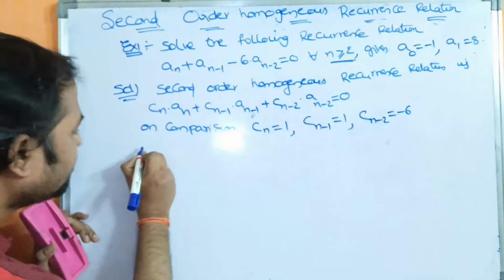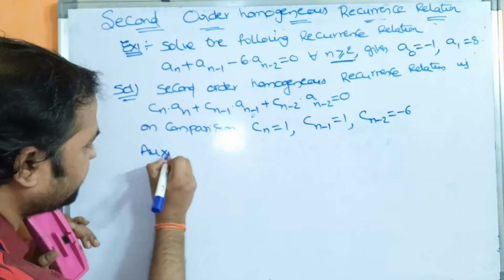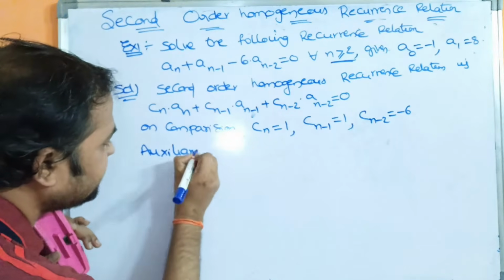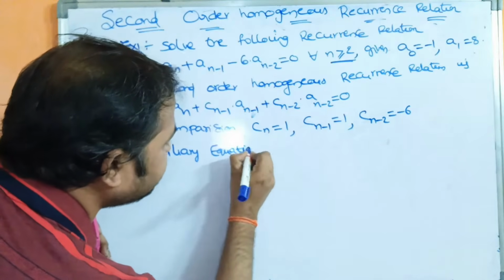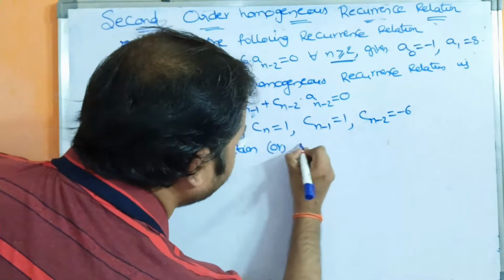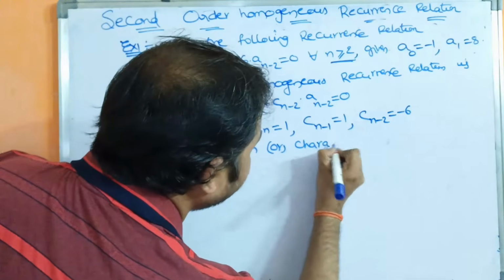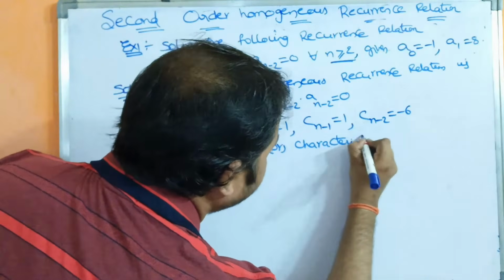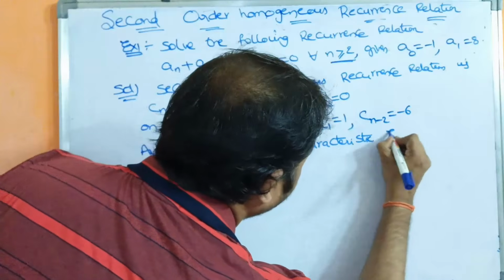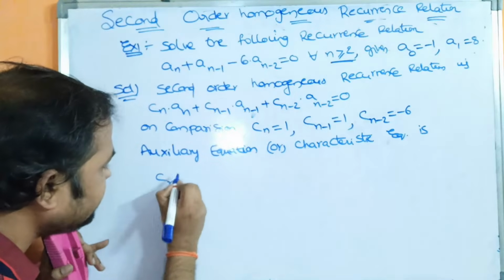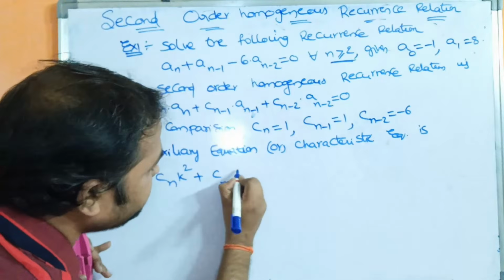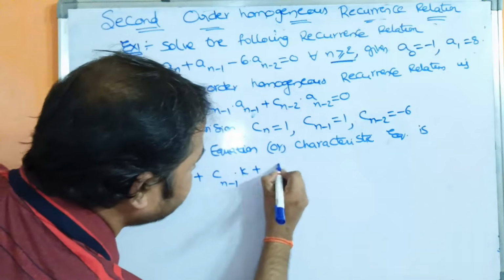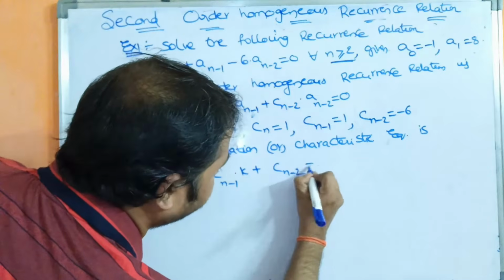Now let us see the auxiliary equation. The auxiliary equation can also be called the characteristic equation. Let us note down the formula: Cn into k square plus Cn minus 1 into k plus Cn minus 2 is equal to 0.